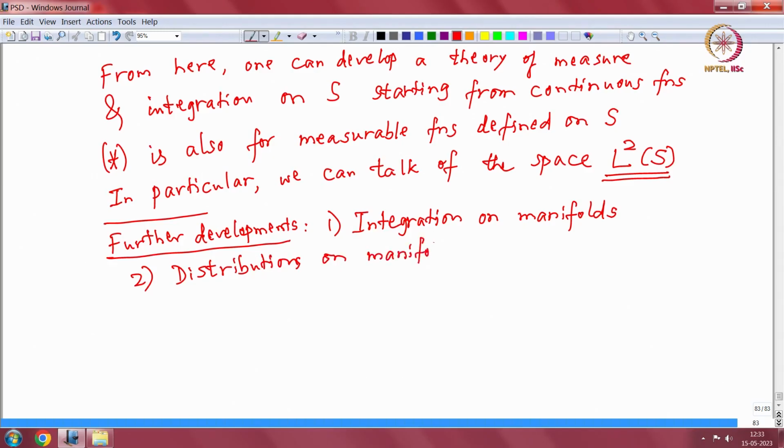You will find lots of literature on this, and then eventually analysis of PDE on manifolds, for example over the sphere, torus, etc. So this notion of integration on a surface leads to these developments.